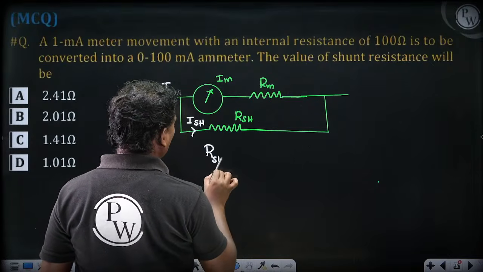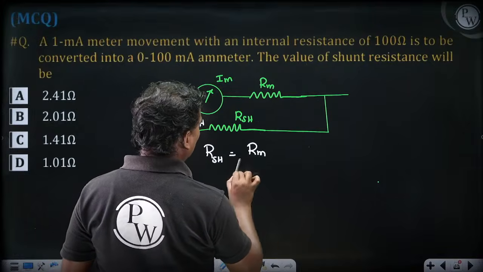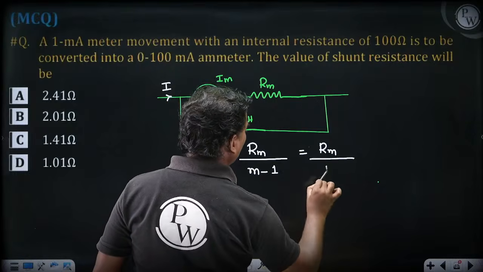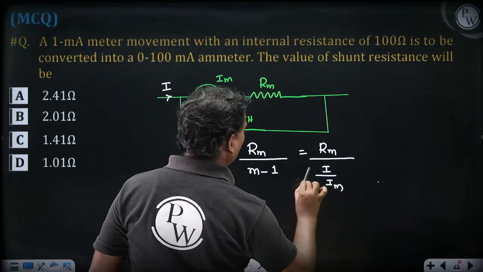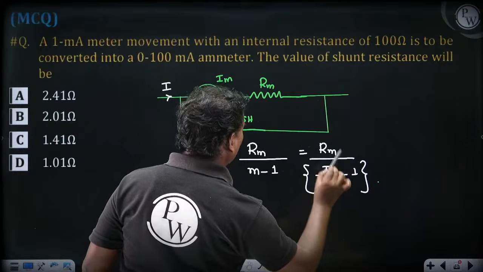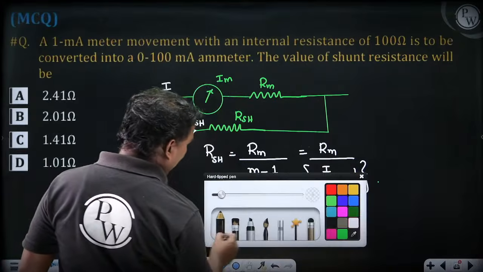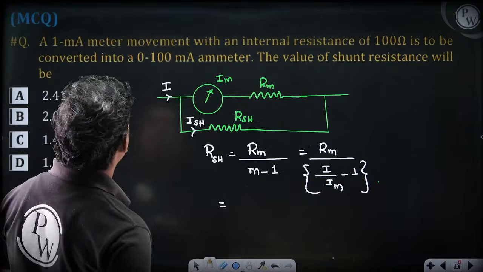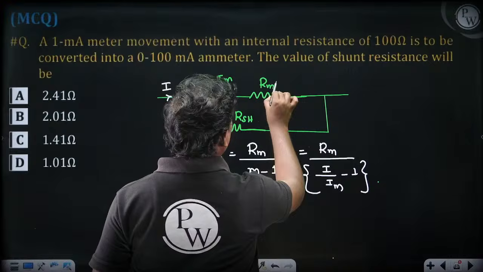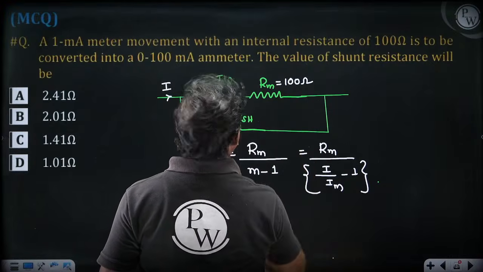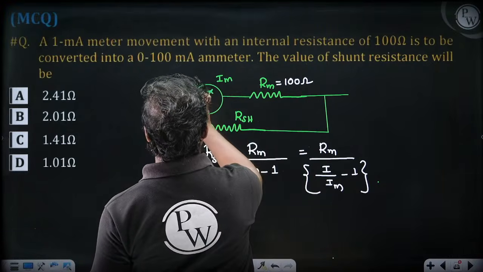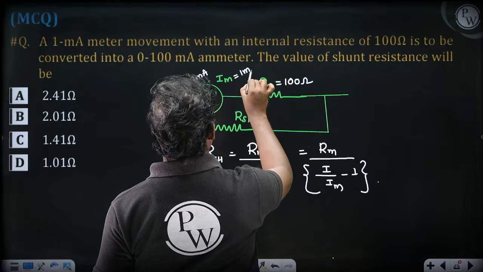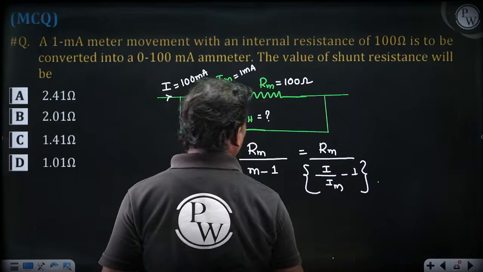So Rsh is equal to Rm by m minus 1, where m I can take as I by Im. Now what is the meter resistance? A 1 milliampere meter movement with an internal resistance of 100 ohms is to be converted to a 0 to 100 milliamperes range. So this is 100 milliamperes, this is 1 milliampere.